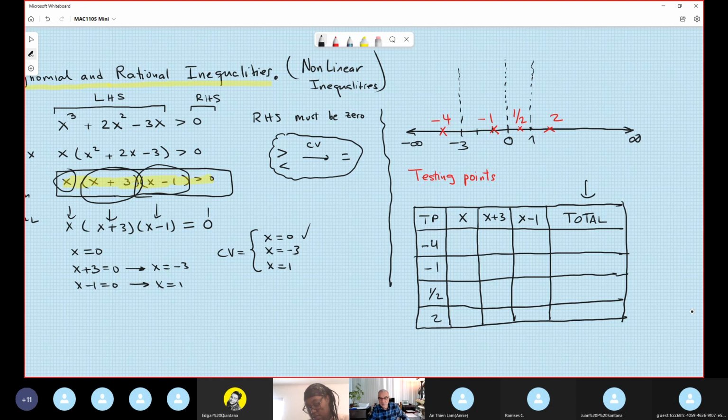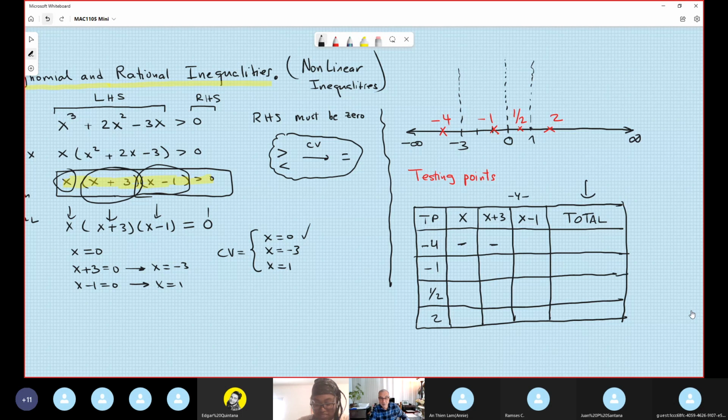So you plug in -4. This is -4. You plug it into each expression. Let's do it. Okay, -4. It's obvious it's negative. I put negative. -4 plus 3 is -1. Do you see that? Then you put negative. And -4 minus 1 is -5.